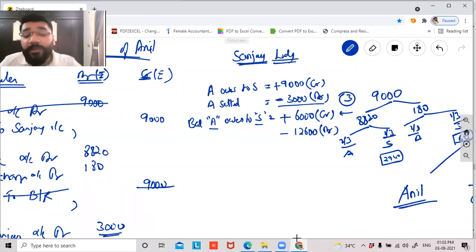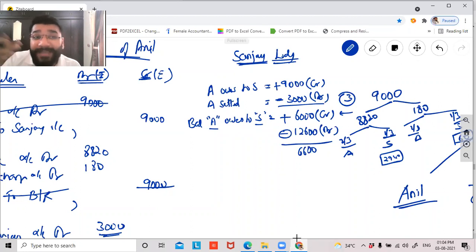A could have settled the account by paying 6,000 in cash or bank. But instead, A gave bills payable worth 12,600 rupees. Now the difference amount is how much? 6,600. It is as if Sanjay has to pay Anil, which means Anil has to recover from Sanjay. Understand this very clearly, guys.